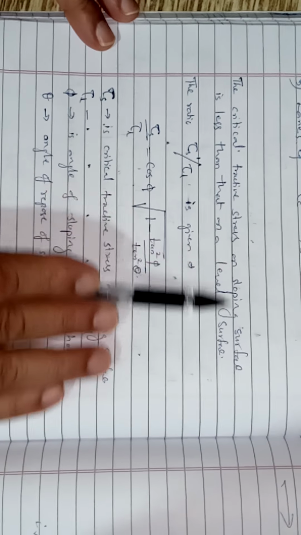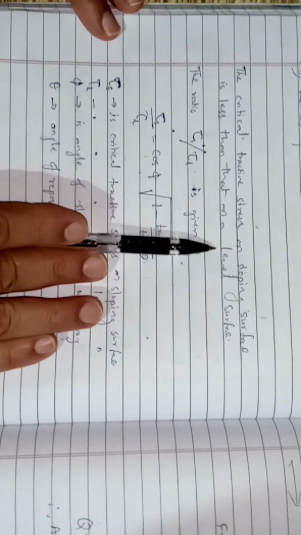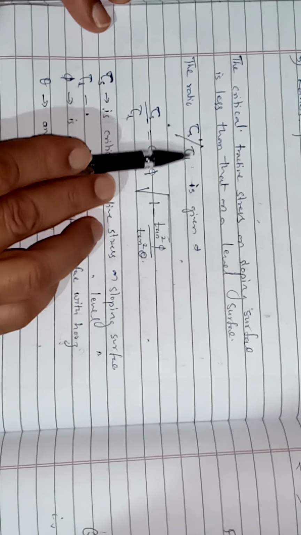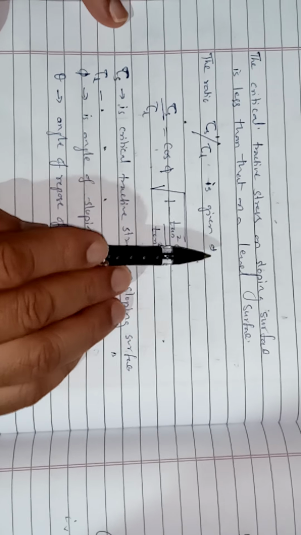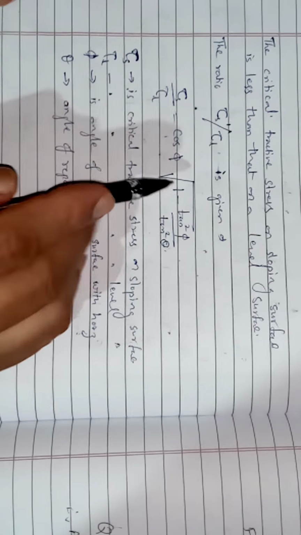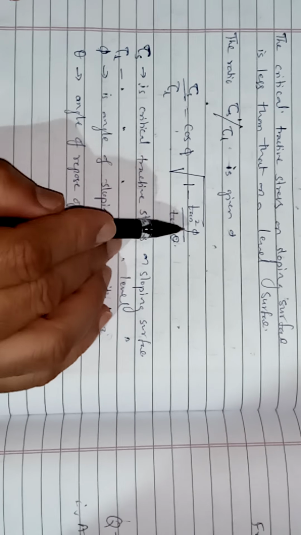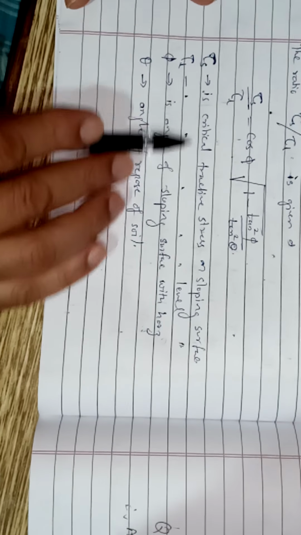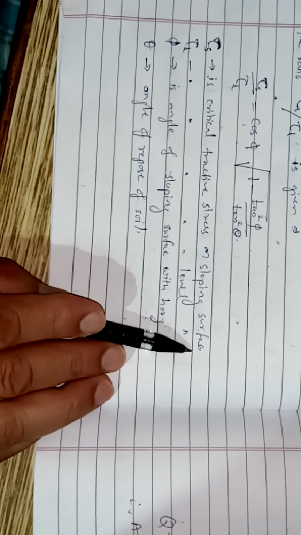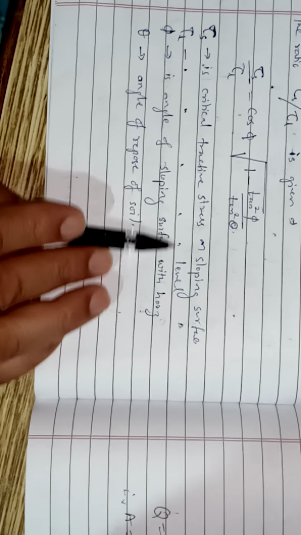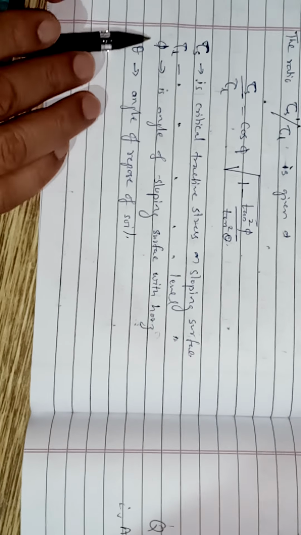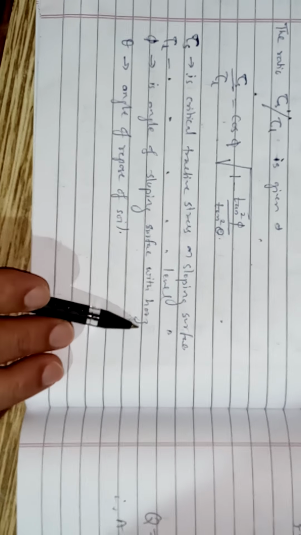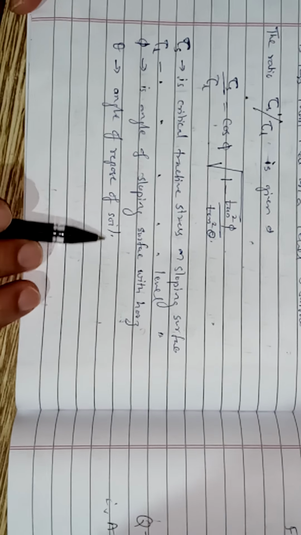The critical tractive stress on a sloping surface is less than that at a level surface. Thus, tau_s / tau_l = cos phi (1 - tan square phi / tan square theta), where tau_s is the critical tractive stress on sloping surface, tau_l is the critical tractive stress on level surface, phi is the angle of sloping surface with horizontal, and theta is the angle of repose of the soil.